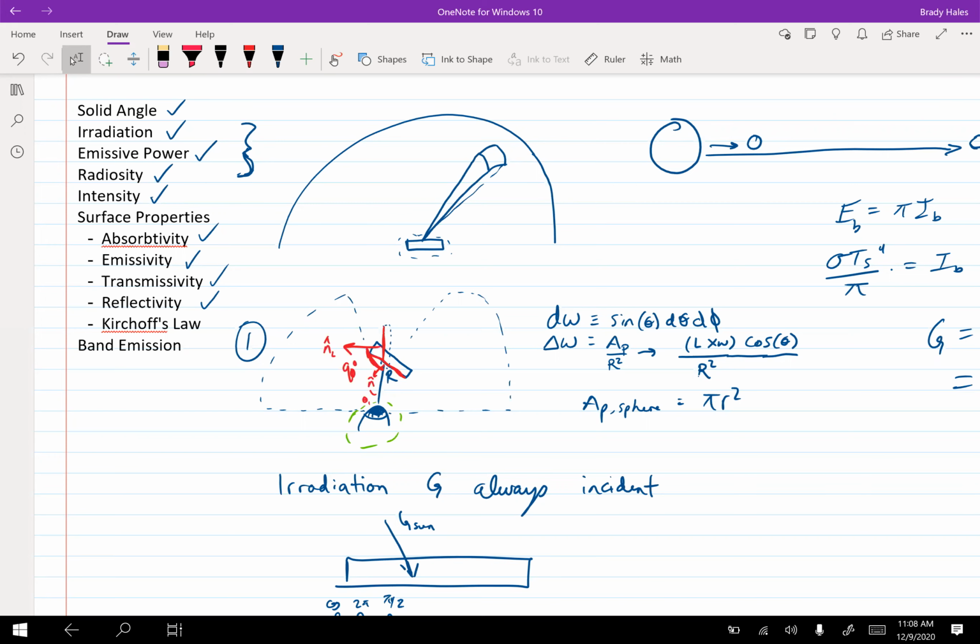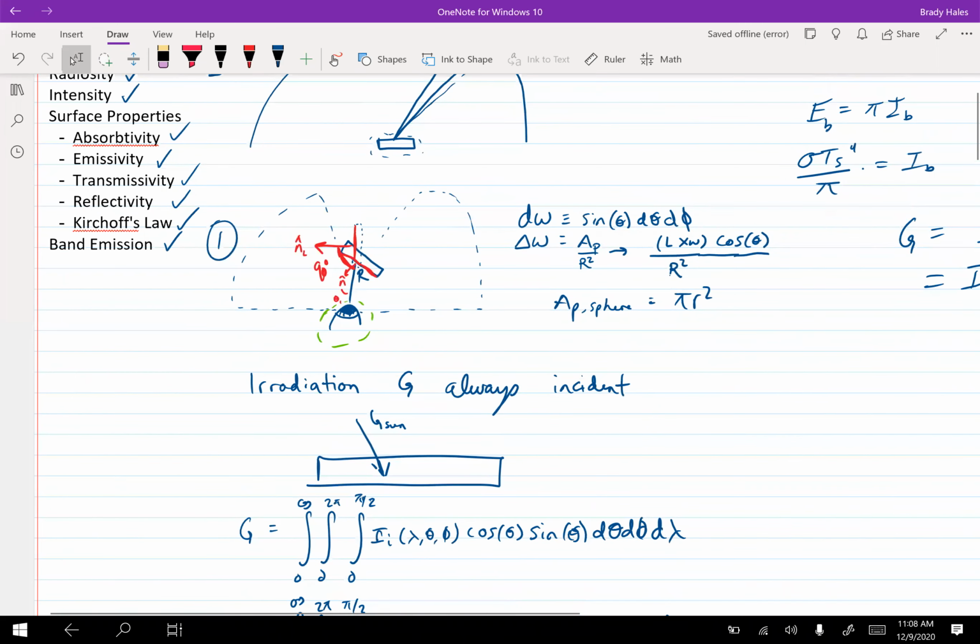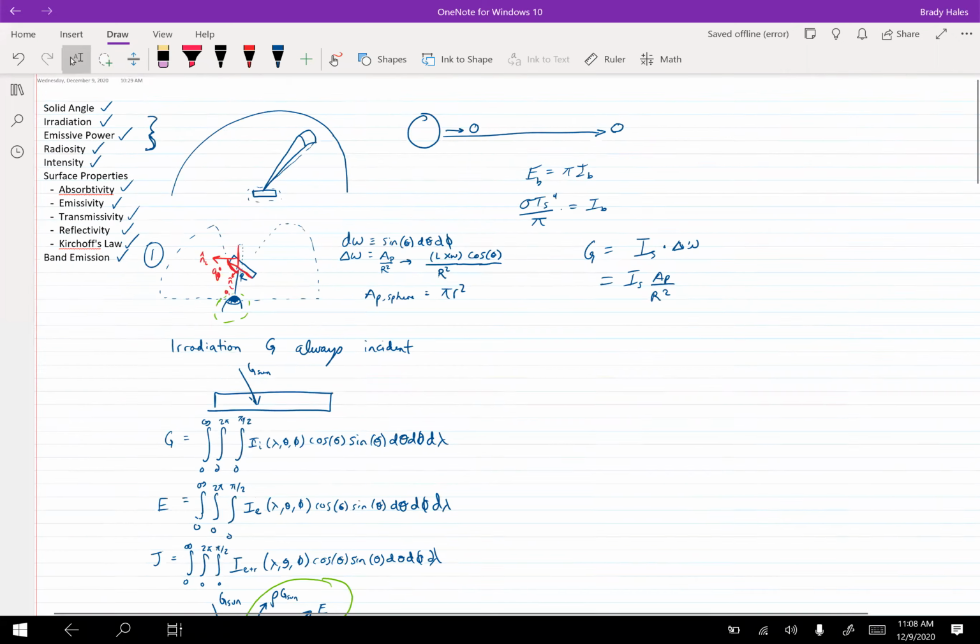And then we can use cases of gray and or diffuse in order to simplify that and apply it to our problem. Band emission is just the amount of power emitted in that wavelength divided by the total power emitted by the body, right? Okay, so those are kind of the big concepts of chapter 12.